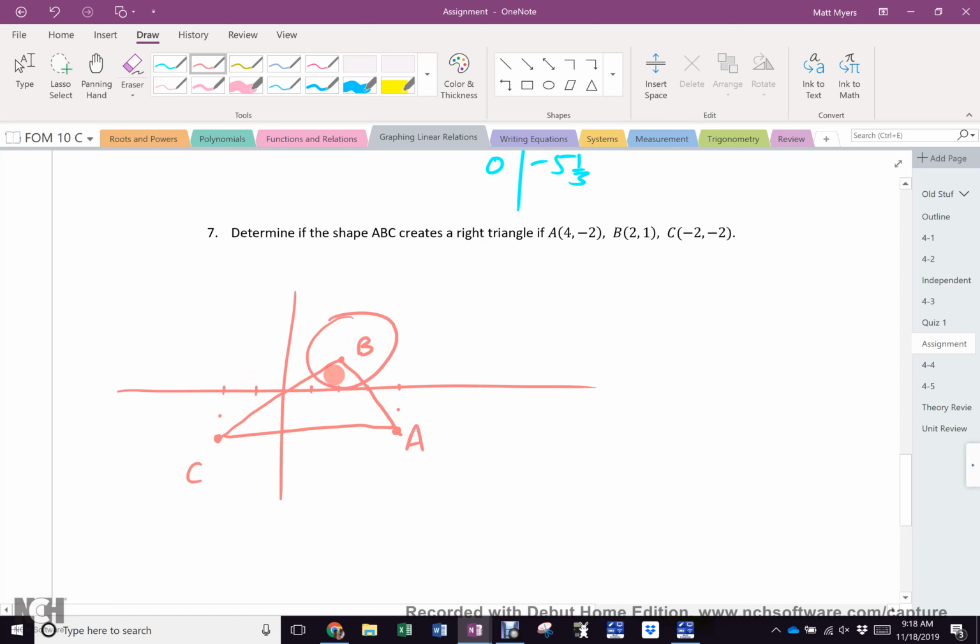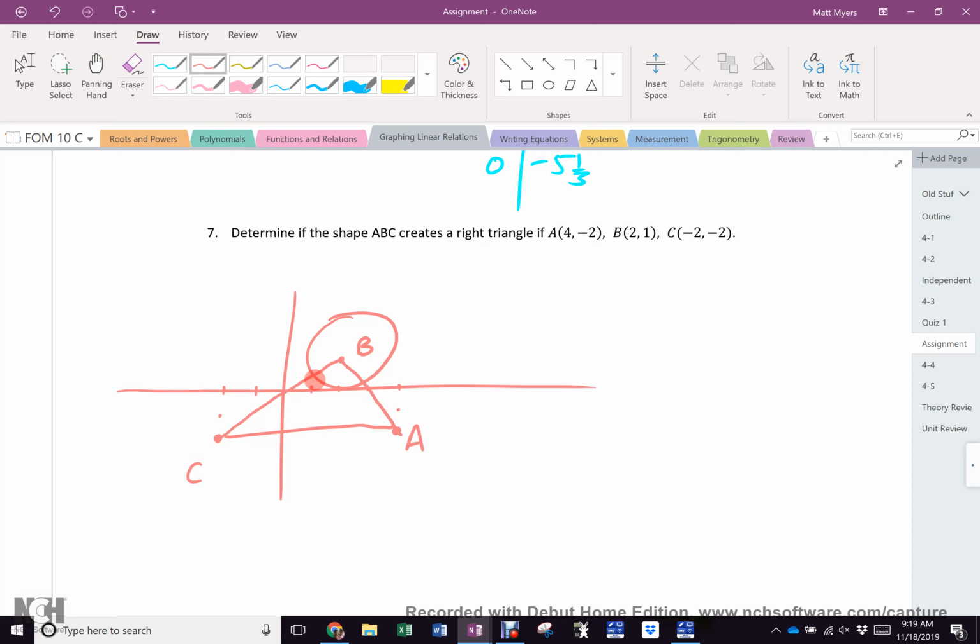Now, let's say you were uncomfortable estimating your graph. Like, oh, Mr. Myers, I'm bad at that. Sometimes I make them too wide, and then the up and down isn't the same distance. How would you solve that problem? You could do it algebraically, but you could also come and get graph paper from me, couldn't you?